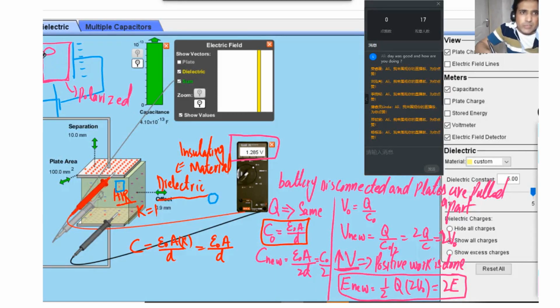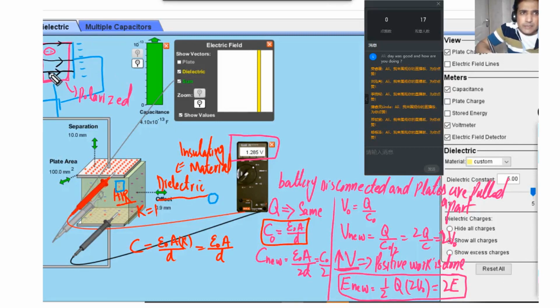This side is positive, so electrons will be attracted towards this one and positive charge will be on the other side. If I draw the electric field now, I will use another color. Due to this, the electric field is like this. We can just draw a few lines.